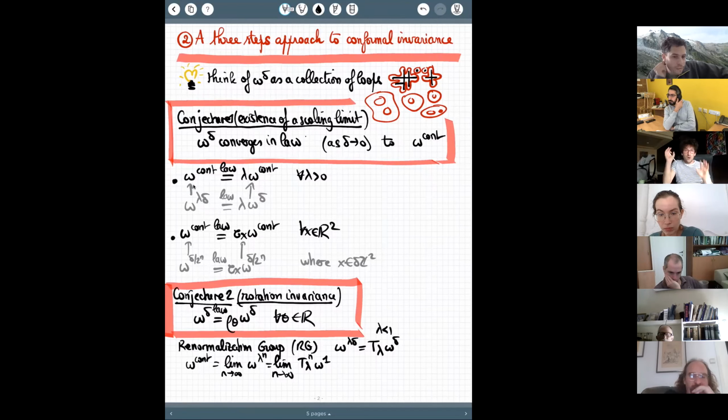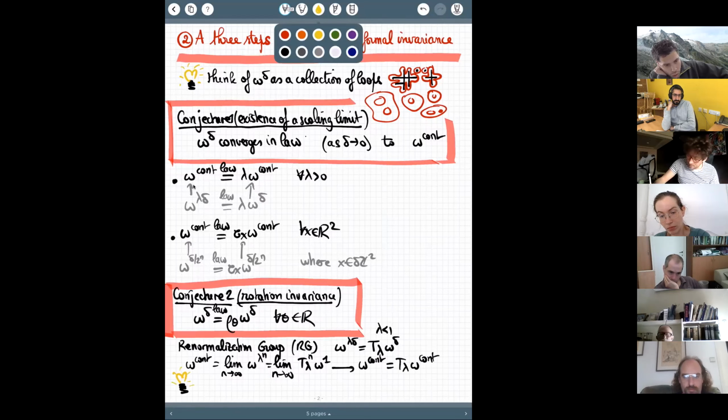So up to now, I just rephrased my limit as a dynamical system, but what you get for free from that is that omega continuous should be a fixed point of this rescaling operator. And then here is the prediction, a beautiful prediction of the renormalization group, at least in our context, that there exists a unique fixed point.